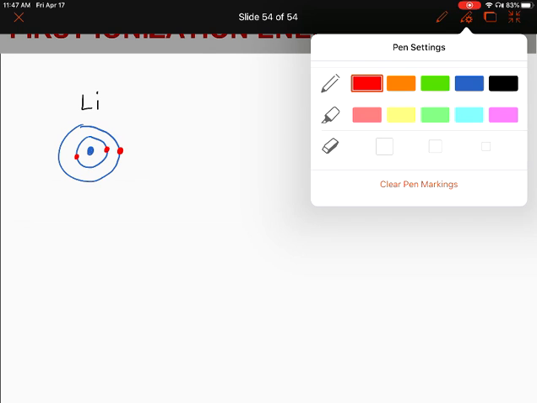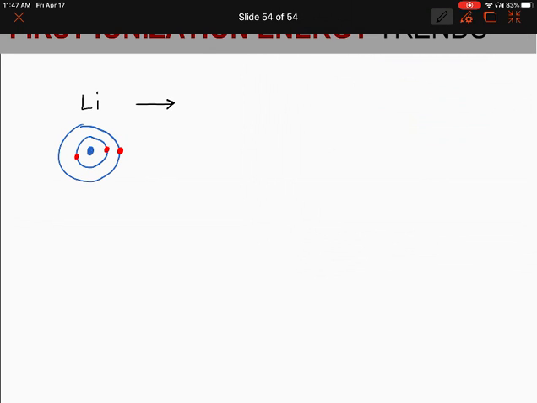Now, what if lithium loses an electron? What ends up happening is lithium is going to lose that outer valence electron, and it will end up with just 2 electrons in energy level 1.